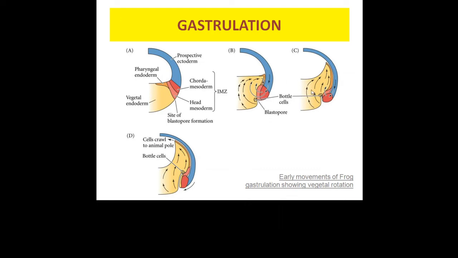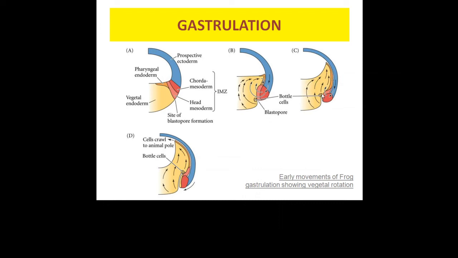The deep cells then progress further into the blastocele just below the prospective ectoderm. Along with these, the pharyngeal endoderm cells and the involuting marginal zone cells are also drawn inside the embryo passively. So the actively moving cells are those of the deep layers of vegetal endoderm, along with which the involuting marginal zone cells move passively.